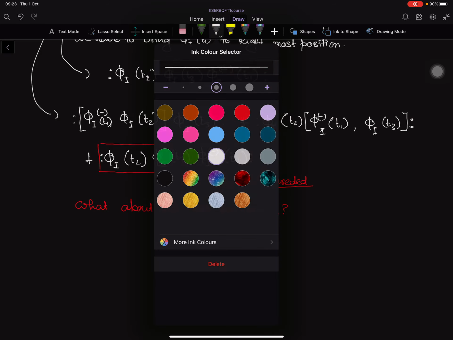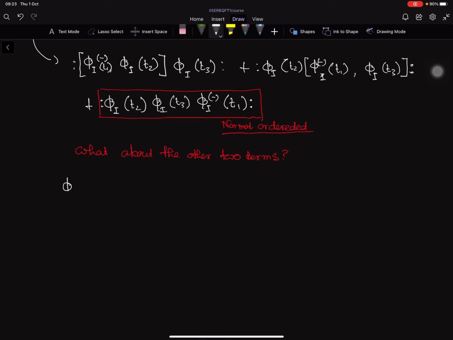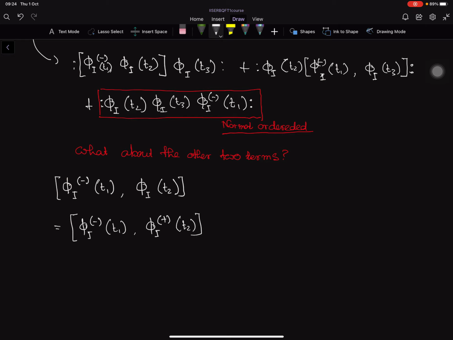Now it is not very difficult to do: phi I minus t1 phi I t2 will simply become phi I minus t1 with phi I plus t2, plus phi I minus t1 phi I minus t2.